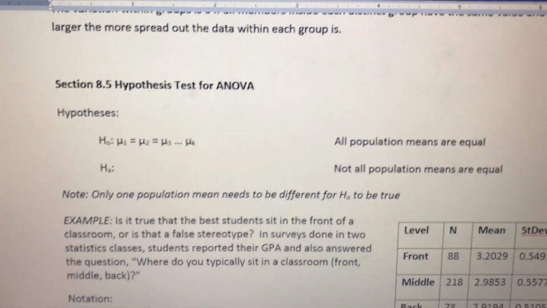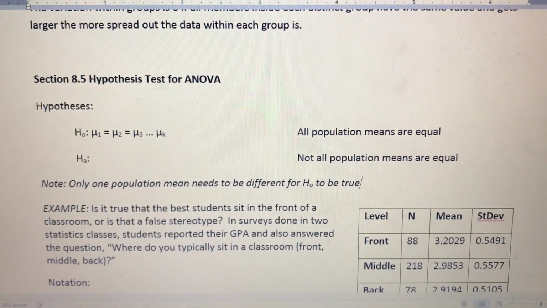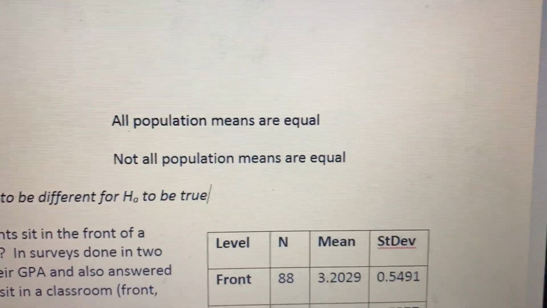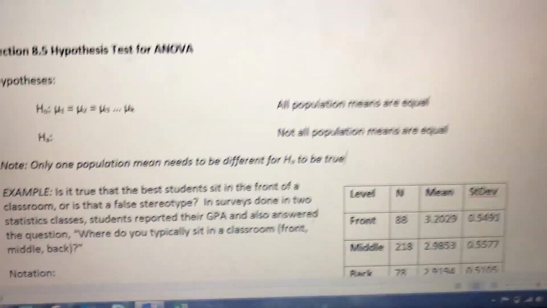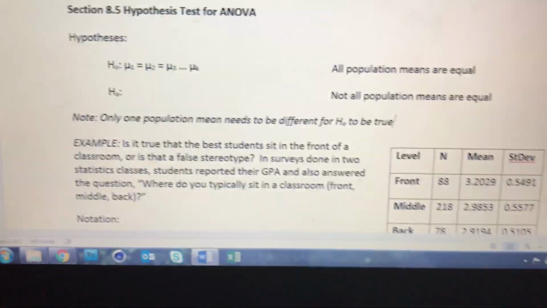So we only need one difference to exist in order for the alternative hypothesis to be true, because either they are all equal or they're not all equal. At least one difference exists. So we will not write out our alternative hypothesis using symbols here.